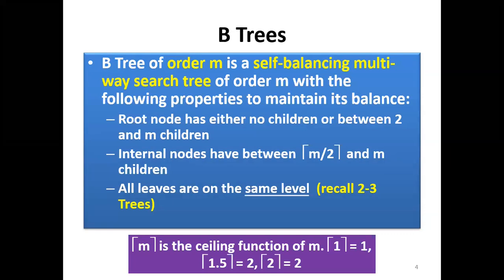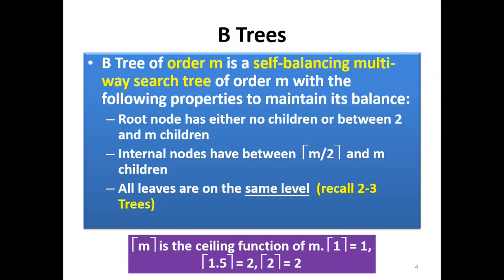One thing we have to note about a B tree is that it is a self-balancing multi-way search tree. And it has this term called order. That order refers to the number of data items a node can contain.